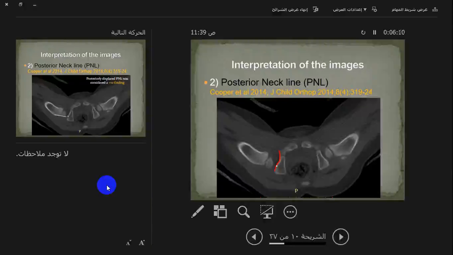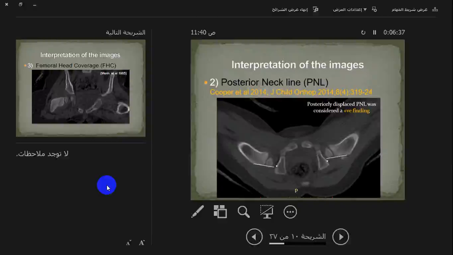And then a line was drawn along the posterior aspect of the neck, so that with this line lying posterior to that reference point, this was considered to be a posterior displaced posterior neckline, and this was considered a positive finding. Normally you would find this line on this side anterior to that reference point, as you can see here. So this is a posterior displaced neckline on the right, and on the left it's an intact posterior neckline with the posterior neckline anterior to the reference point.